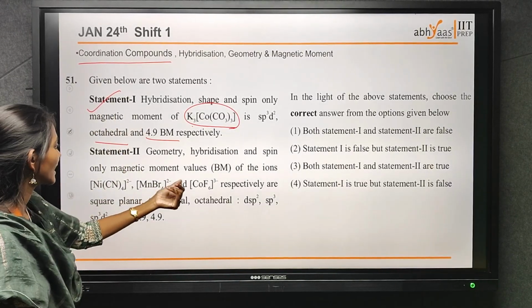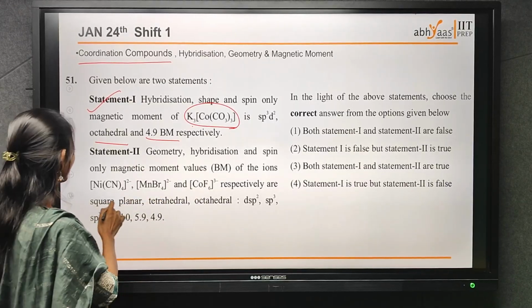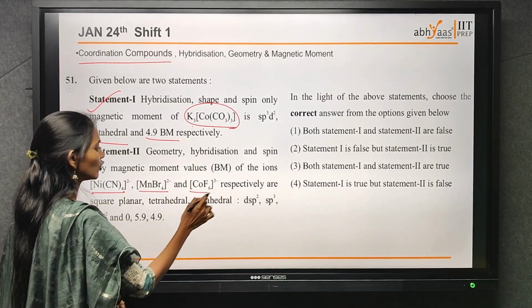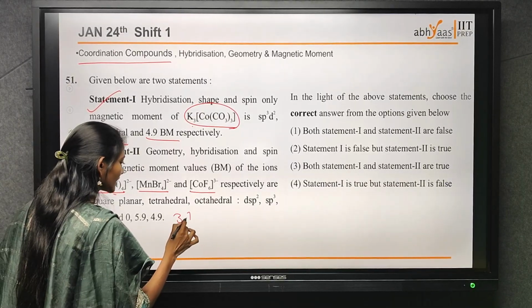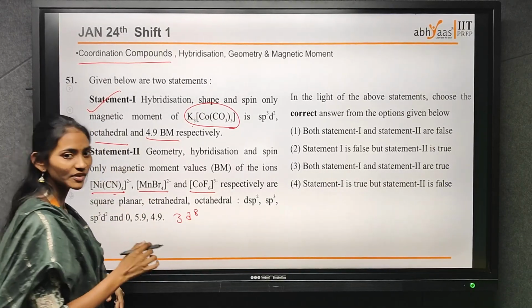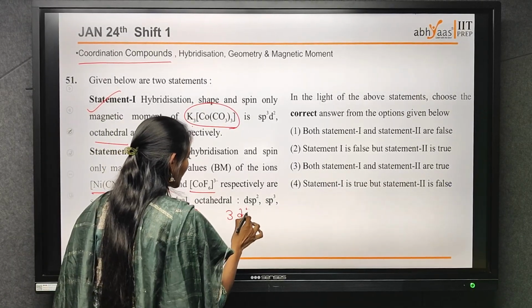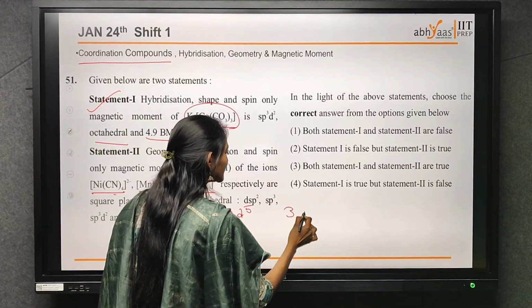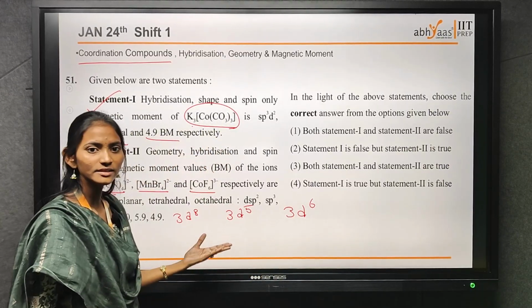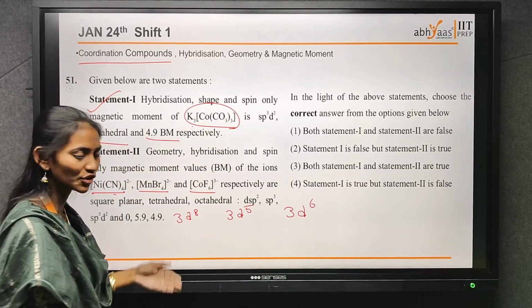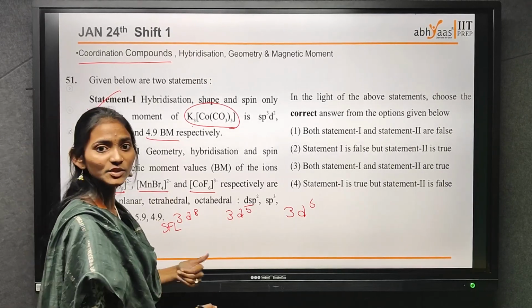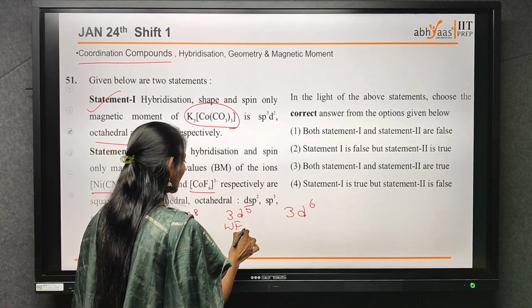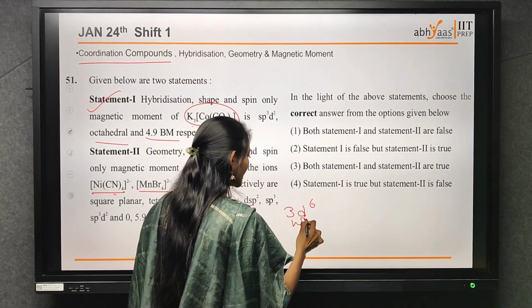And moving on to here, the hybridizations of molecules that they are telling about are nickel, manganese and cobalt. See here, for nickel we are having 3d8, and for manganese we are having 3d5, and for cobalt we are having 3d6. If you see the weak field ligand or strong field ligand, this one is a strong field ligand, and manganese is a weak field ligand, and cobalt is a weak field ligand.